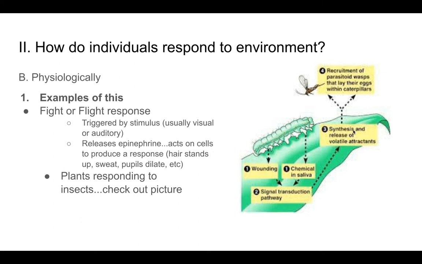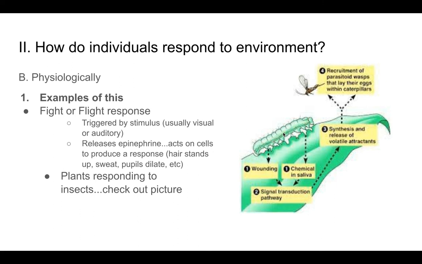And those chemicals go out into the environment and they call in these little wasps that are parasites to this caterpillar. And so this is a defense mechanism. This is how the plant is responding to basically being destroyed by the caterpillar. It can't move. It is calling in something else that can move and infect this caterpillar and kill it.